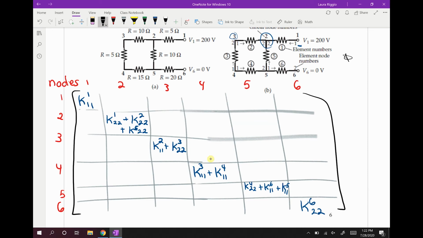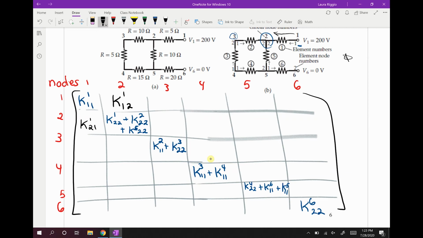What connects point 1 to point 2? Well, that is resistor 1, and from point 1 to point 2, it's end 1 to end 2. Now the nice thing about our coefficient matrices is that they're symmetric, so I can just fill in that one.